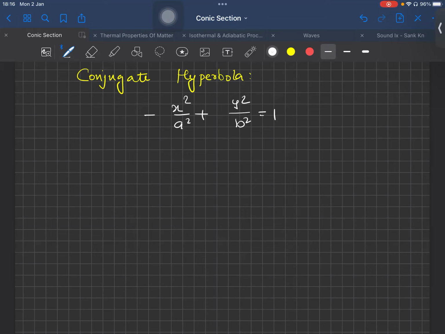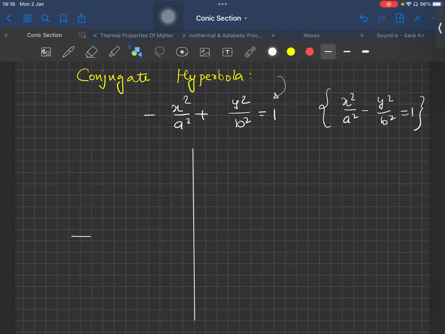So this is the conjugate of which one? Conjugate of x square upon a square minus y square upon b square is equal to 1. How will you draw this hyperbola? So this is called conjugate hyperbola.